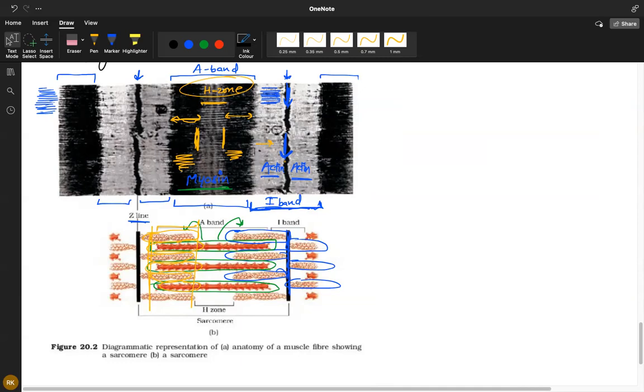And if I tell you what a sarcomere is, between one Z line to another Z line is one sarcomere. Is it clear? That is one sarcomere, which is making our muscle fiber.